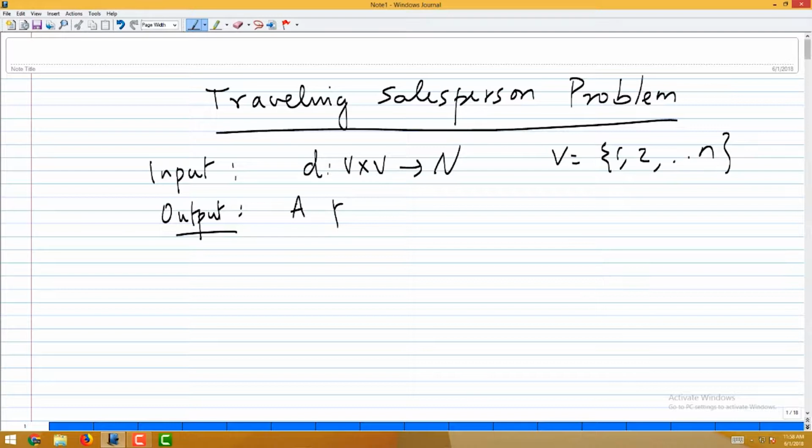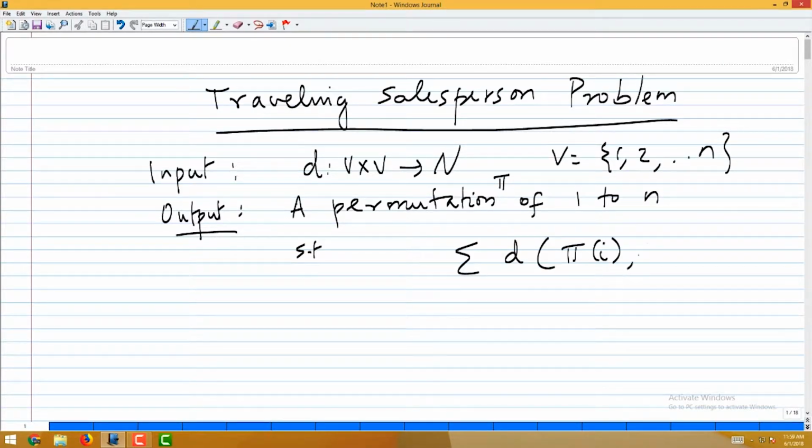And the output is a permutation such that the summation, i equal to 1 to n, of the distance between consecutive vertices, where the next one is i plus 1 mod n, is minimized.